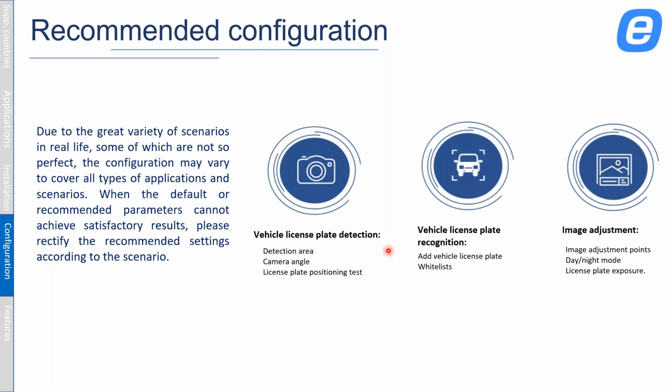So for the recommended configuration, due to the great variety of scenarios in real life, some of which are not perfect, the configuration may vary. To cover all types of applications and scenarios, when the default or recommended parameters cannot achieve satisfactory results, please change the recommended settings according to the scenario.